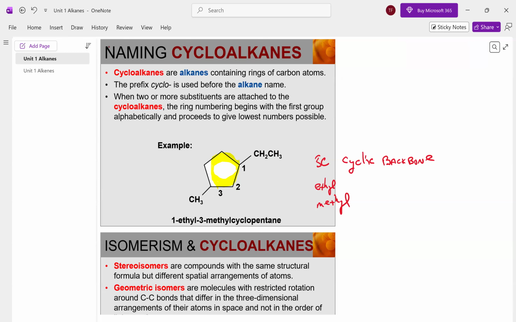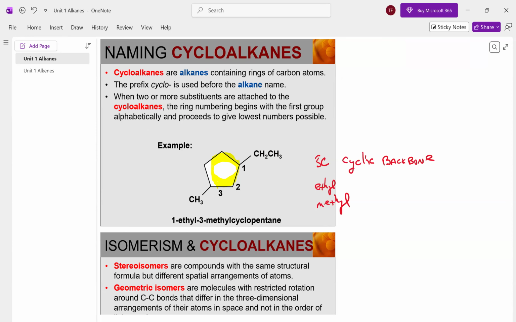Okay, let's name the branches first. Which should we put first? Ethyl or methyl? Ethyl. E comes before M. And the ethyl is on carbon number 1. Now, when you have cyclic compounds, you can number clockwise or you can number counterclockwise.